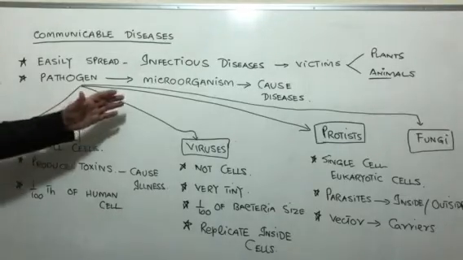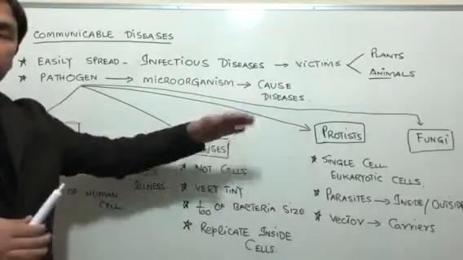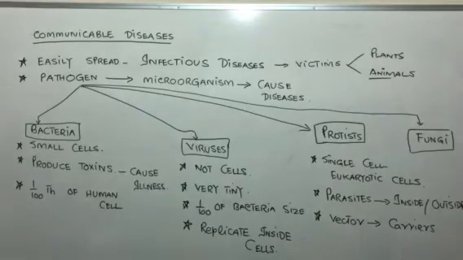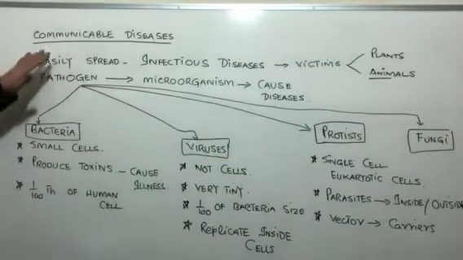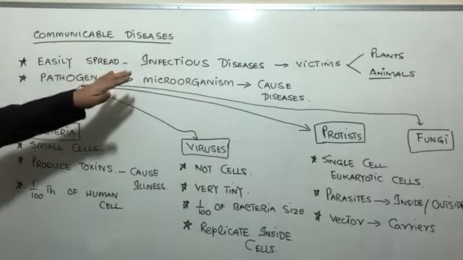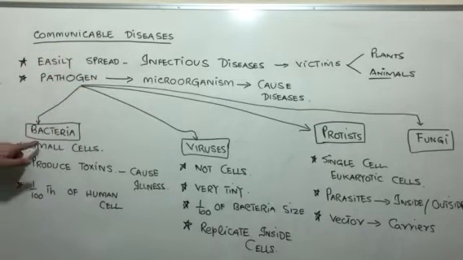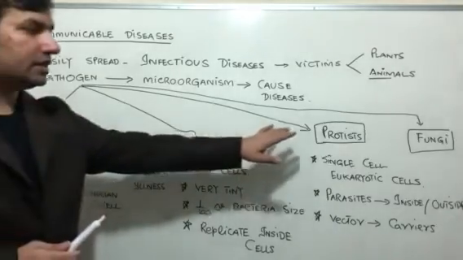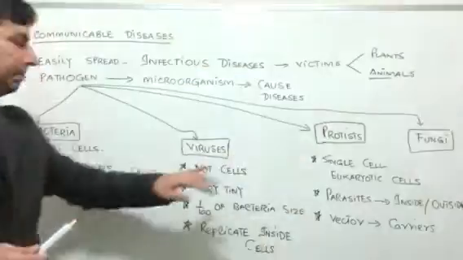There are basically four types of pathogens which cause communicable diseases: bacteria, viruses, protists, and fungi.